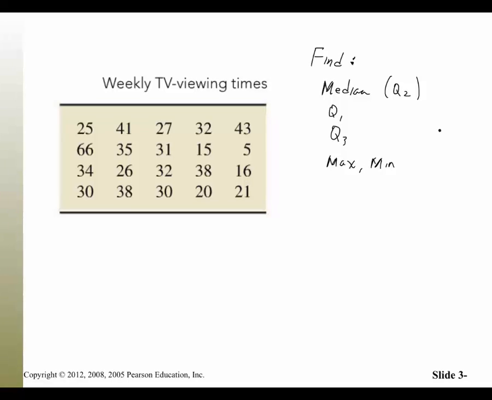So just finding the 5-number summary for this set of data. Work together. Share the load. Break up the task with your partner.